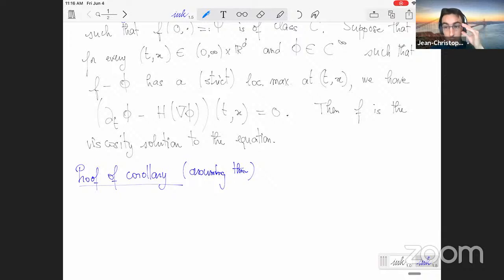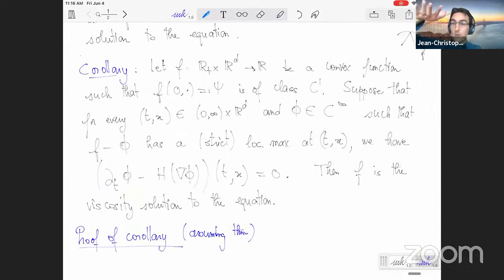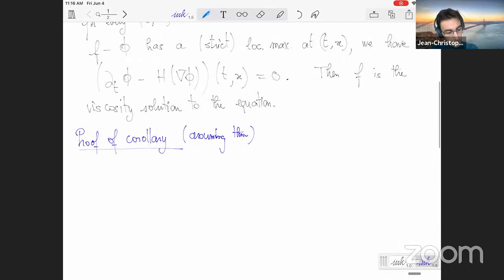So two parts. First, I want to prove that the function f is differentiable at the contact point. Basically, the proof is a justification of what I just explained in the drawing: when you touch from above and the function is convex, it is going to have some smoothness. So let's do this. Let (t, x) and phi be as in the statement.